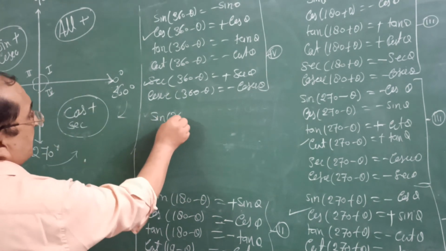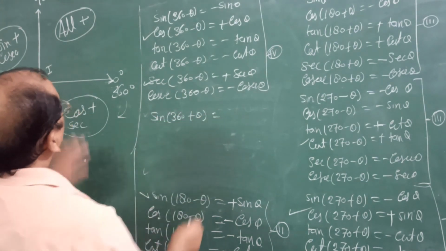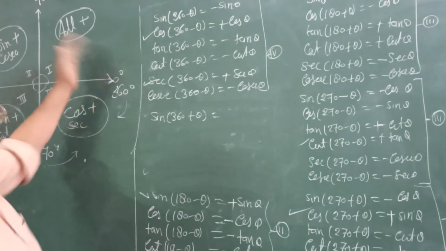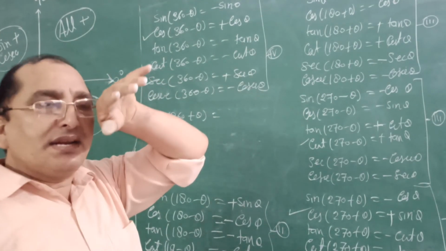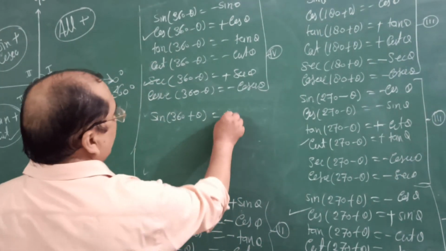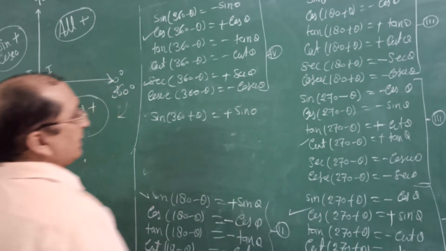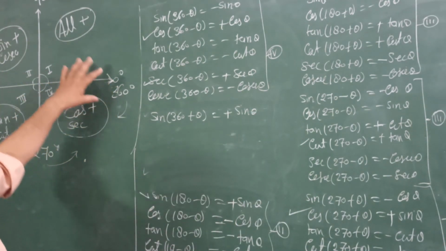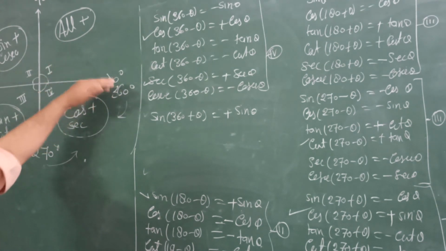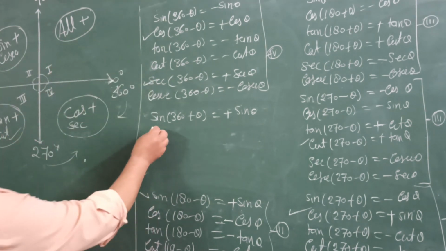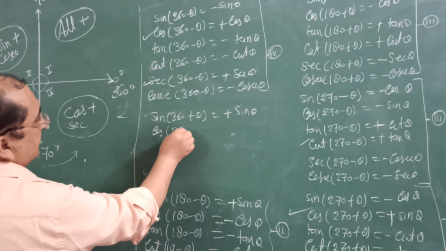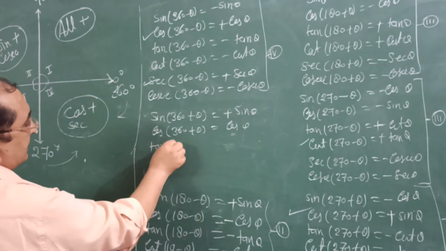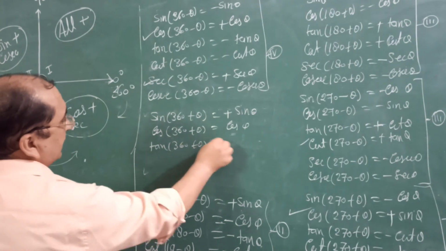Sin 360 plus theta is there, and 360 plus theta means we are just jumping to the first quadrant, and it will come positive. So positive sin theta will come, and we know that in the first quadrant the trigonometric values will not change, and all are positive. So cos 360 plus theta means cos theta. Tan 360 plus theta equal to tan theta.